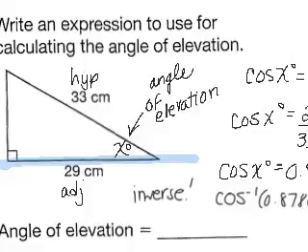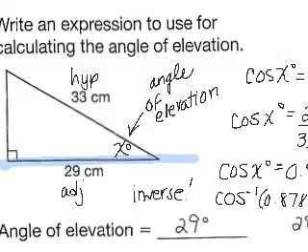Remember that this is second function cosine, then type in the decimal, 0.8788, close your bracket, equals, and we get 28.5. We're going to round it up to 29 degrees. So this angle of elevation is 29 degrees.